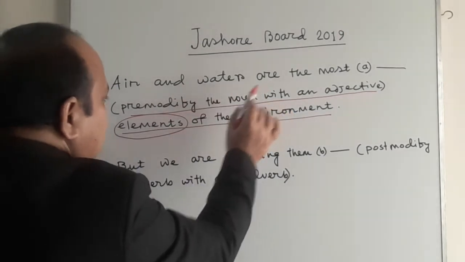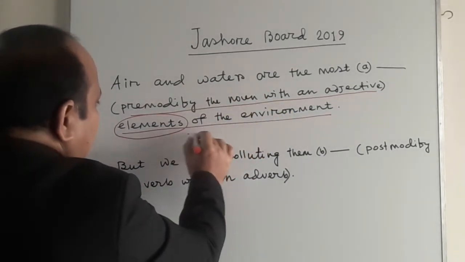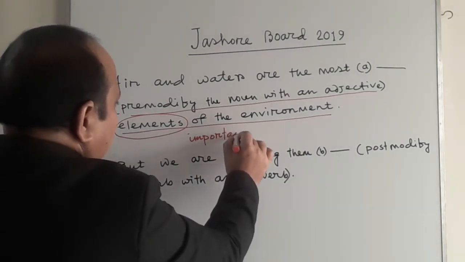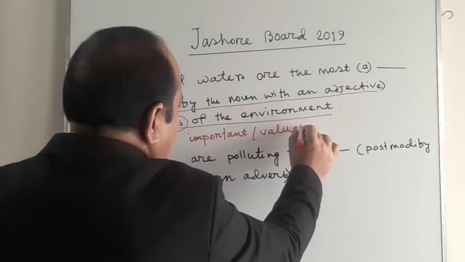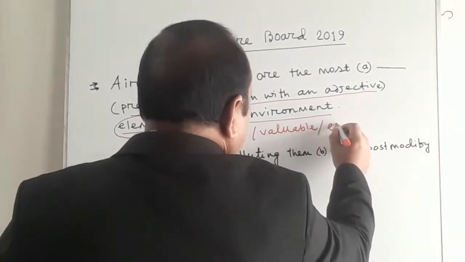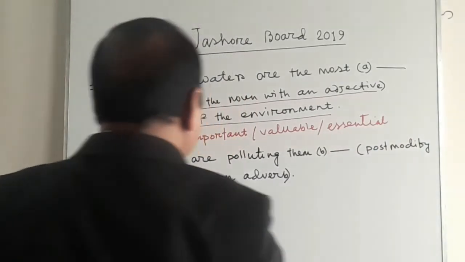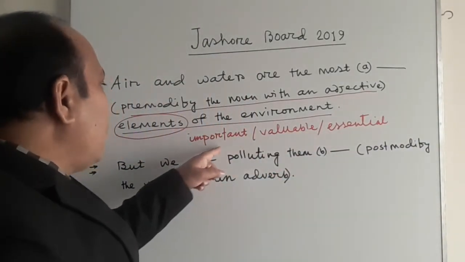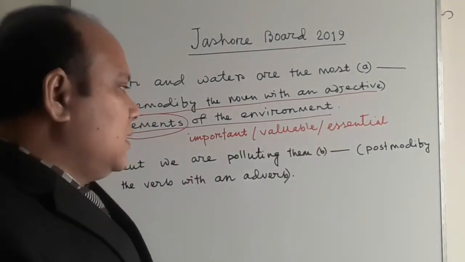Air and water are the most dash elements. So we can say important element, or valuable element, even we can say essential element. You can choose from these three: important element, valuable element, or essential element.